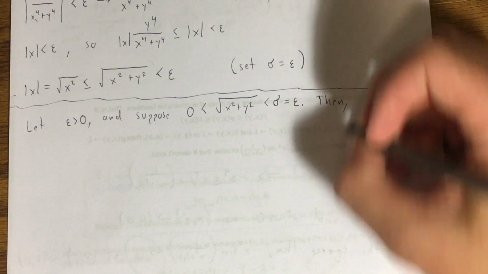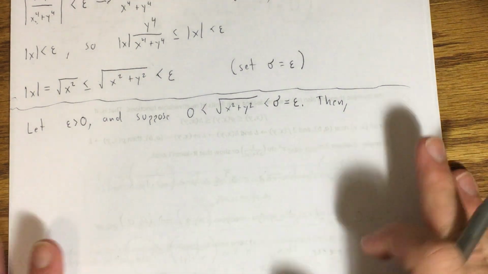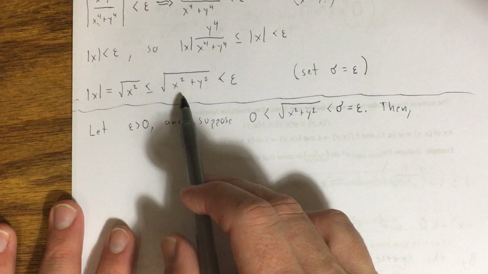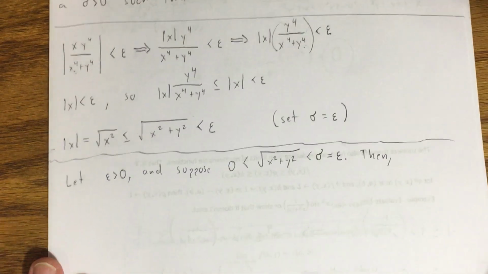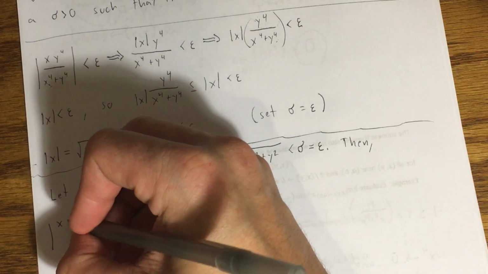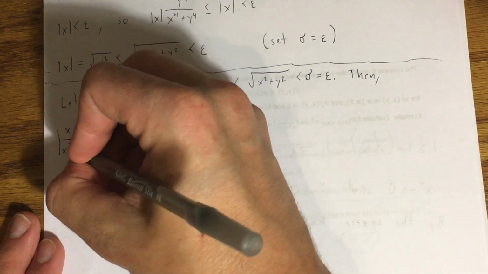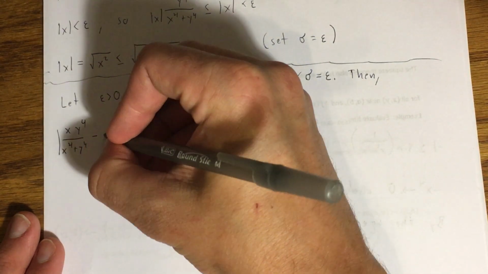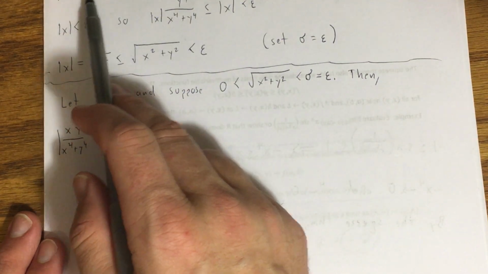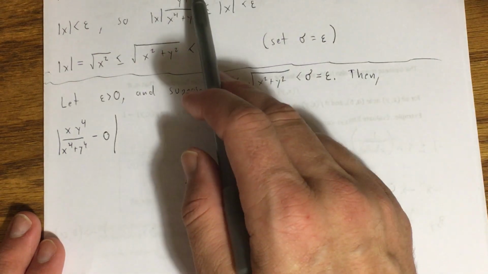Then, how do we rewrite everything so that we're getting this statement here? Well, I basically retrace everything. So starting with this side, the absolute value of x y to the fourth over x to the fourth plus y to the fourth minus 0, based on all the work that we did up here, we know we can simplify it to this.